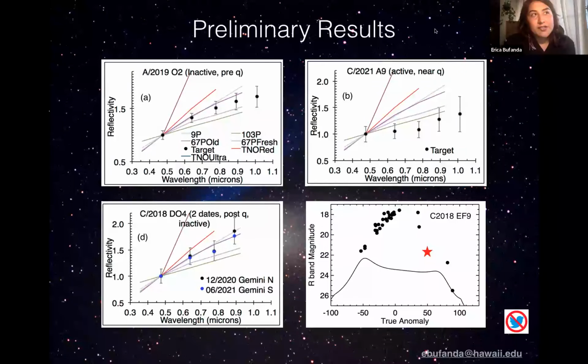Usually what's been seen in the past is that when the slope is shallower, the surface is bluer. And what's been seen in spacecraft missions is that after activity, fresher ice deposits are revealed on the surface that are blue in color, and that's what causes these shallower slopes. Another thing that could be happening is the dust coma itself scatters the light in a way that affects the color, and that's also causing the shallower slope.